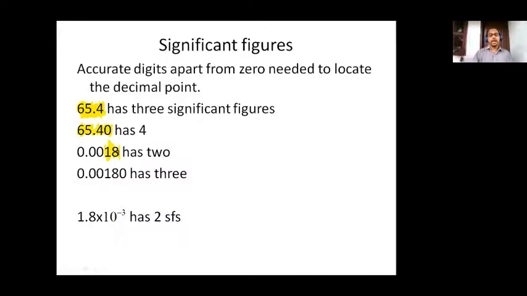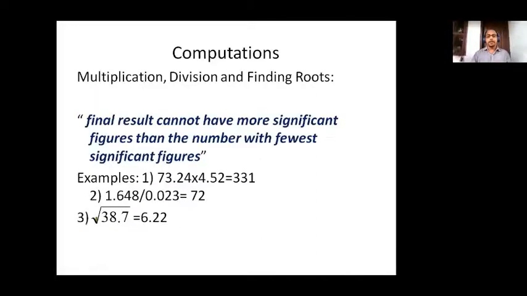The digits 1 and 8 are the only 2 significant ones. But for 0.00180, the zeros after non-zero digits are also significant. So 0.00180 has 3 significant figures, and 1.8 times 10 raised to minus 3 has 2 significant figures.